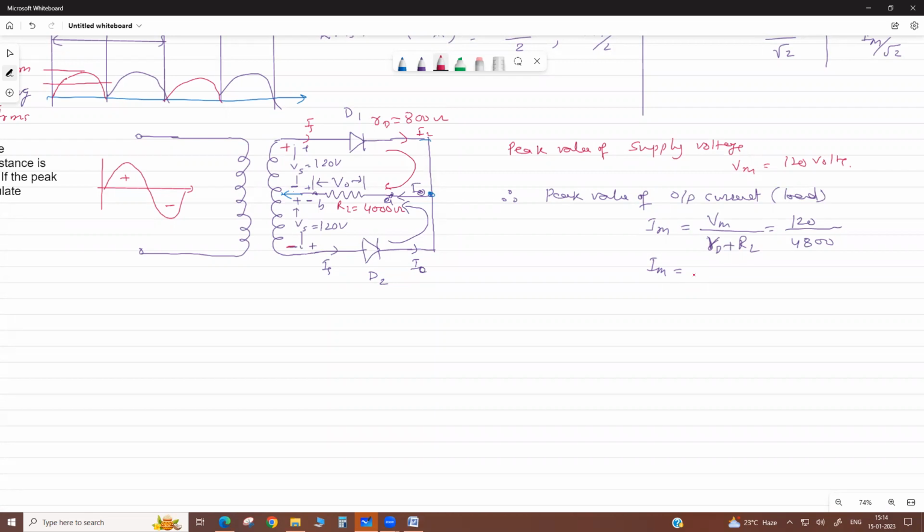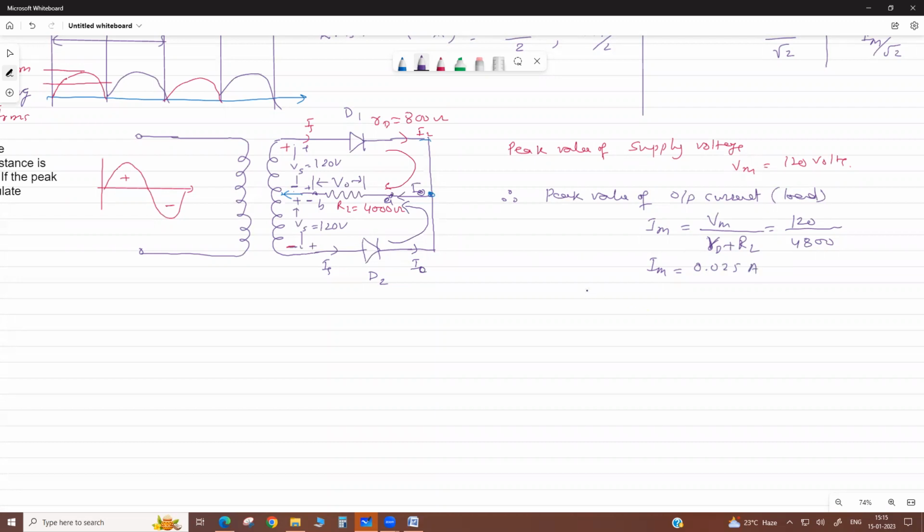Now you calculate: the peak value is 120 divided by 4,800. It comes to 0.025 ampere.